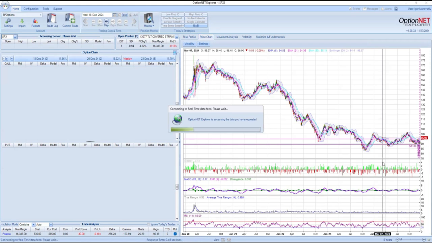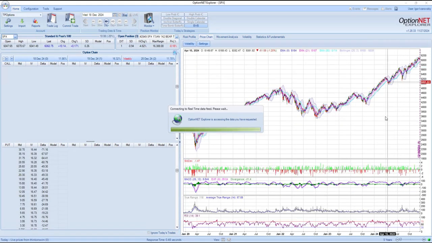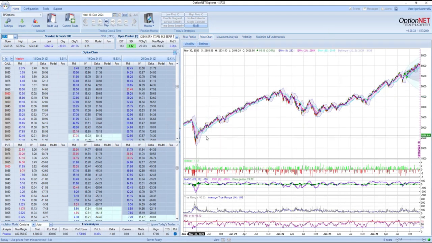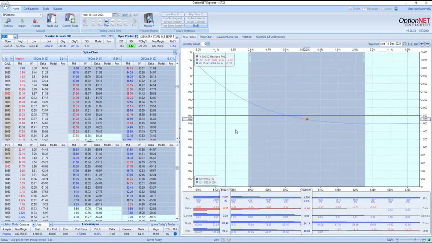Just type in SPX in your chart and then zoom out as far as you can go. We have to assume that over time, sure, there could be times where we go into downtrends, maybe no trends, but over long periods of time, the market is going to rise. So I think that this definitely works on SPX.